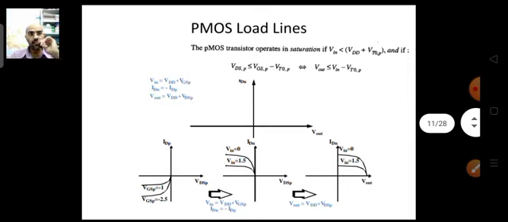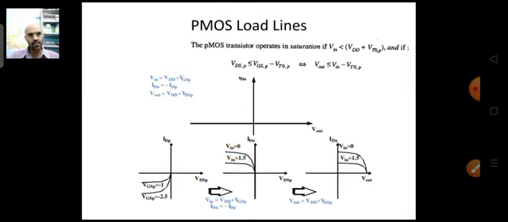So we'll first see the characteristics of NMOS. We have already seen them in our previous classes, so we will not go through them again. But in general, those characteristics will lie in the first quadrant, whereas the characteristics for a PMOS will lie in the third quadrant.